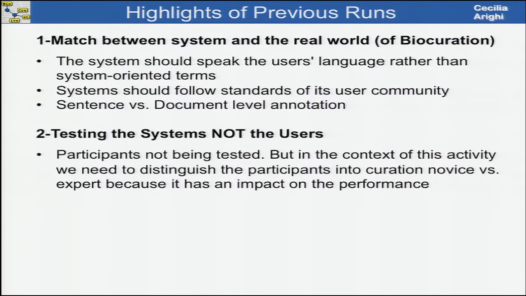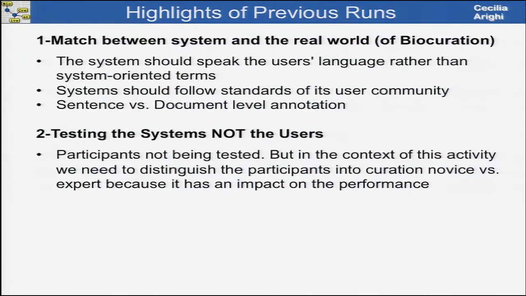Another thing is, for the biocurators, we have to make sure that they are aware that we're not testing them, we're testing the systems. So we need to encourage the participation, but we need to distinguish between participants who are novice to the curation task versus those that are seniors, because that can make a difference.